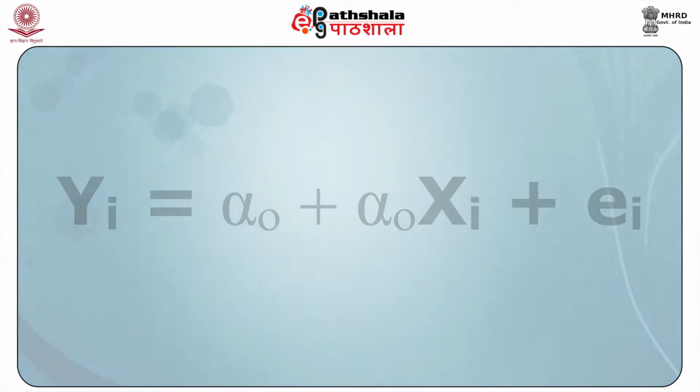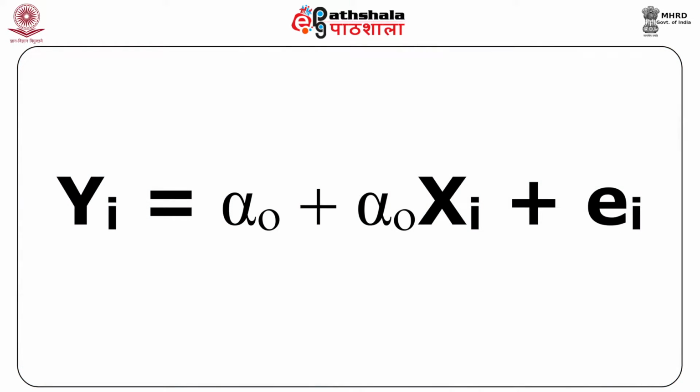But our problem remains that the PRF, or the population regression function, cannot be constructed. It can only be estimated from the sample regression function. As previously, let us depict our SRF as yj is equal to alpha naught plus alpha 1 xj plus ej.